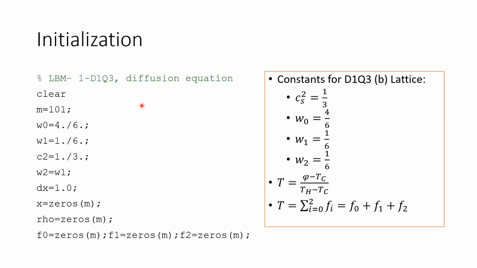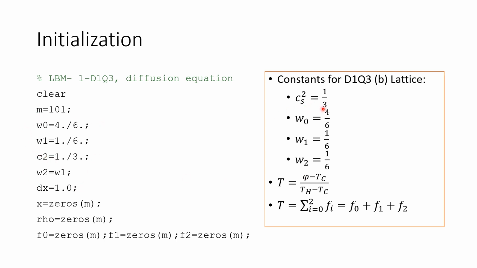So first of all, we are going to use the D1Q3 LBM model, just like the previous example. And since we are using D1Q3, we would have these constants, which are described here.